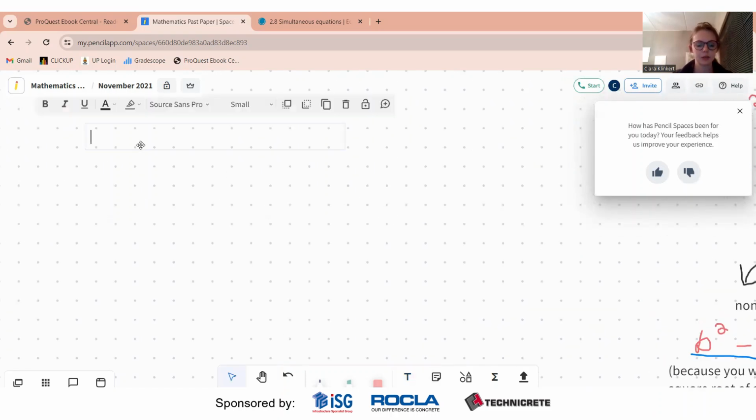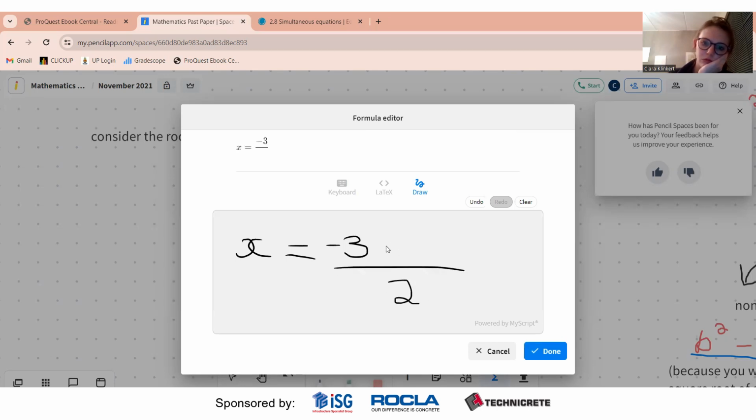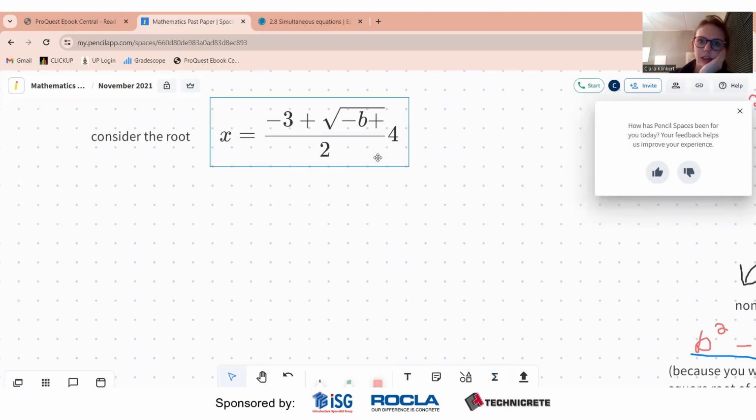Okay, so consider the root. Let me rather say root. Okay, I'm still not happy with this formula.